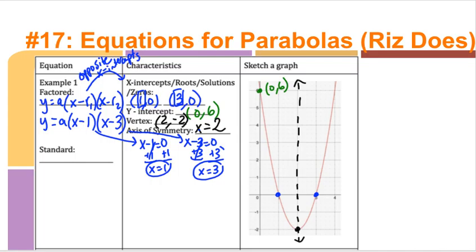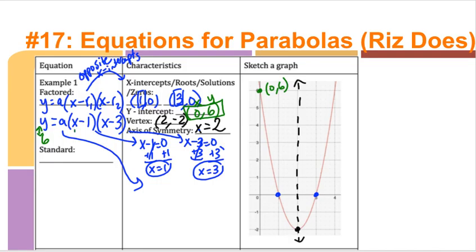Okay, so now I still have to figure out what this a is. So this is what I'm going to do. I'm going to take my y-intercept, and you can either do this with your y-intercept or your vertex. And I'm going to substitute it in. Now remember, this x is 0, and this y is 6. I'm going to rewrite this equation, but instead of y, I'm going to write 6.